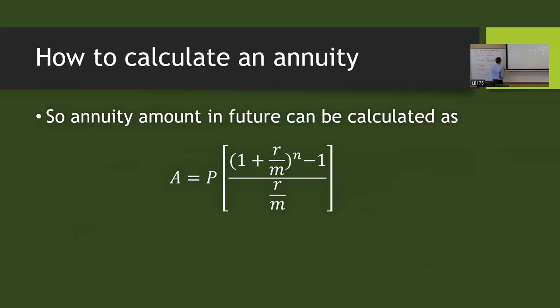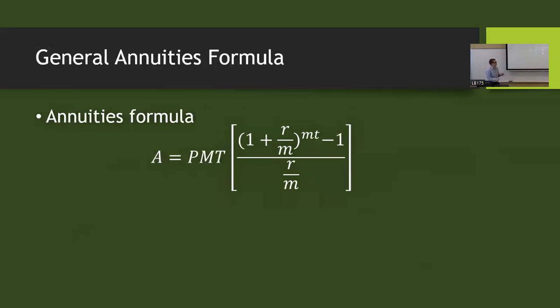This is something, again, when you go to take the test, when you go to do homework, you should have handy alongside all those other things we mentioned. A equals P times the quantity 1 plus R over M to the N minus 1. That N is actually just M times T. That's how many things we're doing.